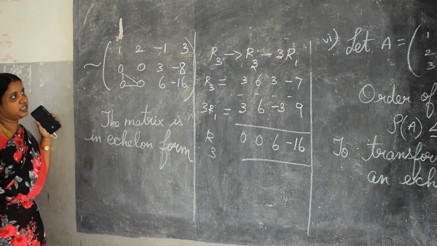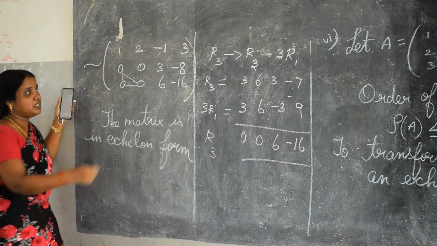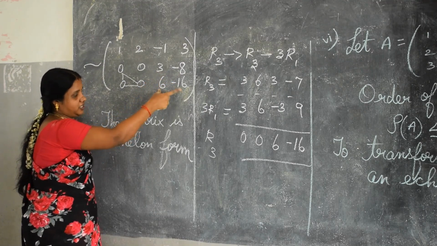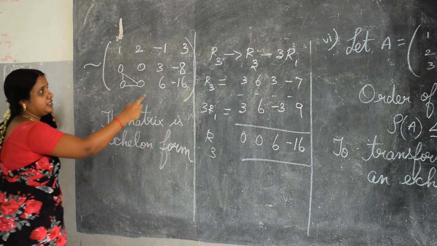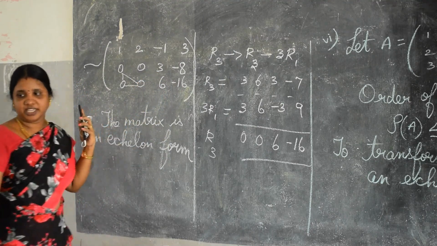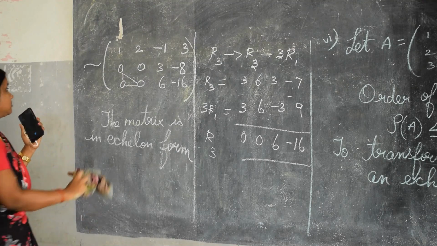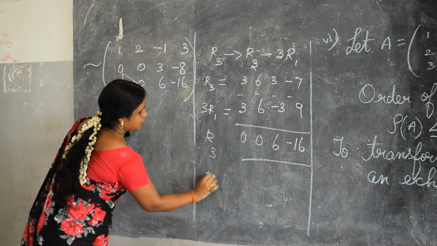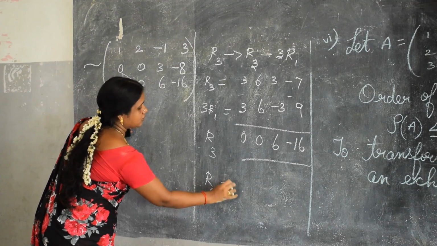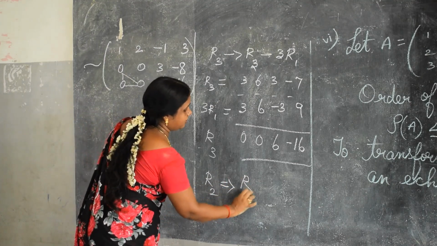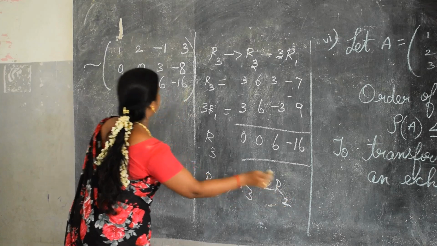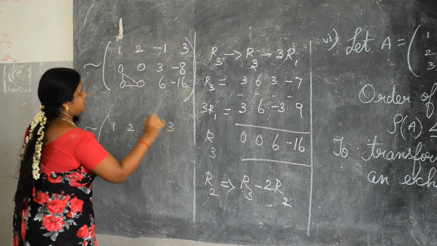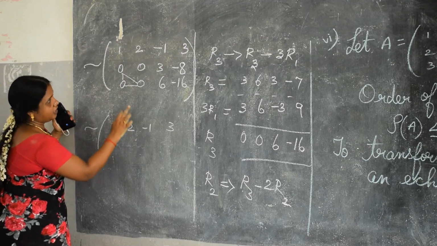See here, you can also multiply this with 2. Then you will eliminate this. So again I am going to multiply this R2 with 2. R3 I am going to write as R3 minus 2R2. So this is equal to, first row you should not change, 0, again you multiply this with 2, 0, 0, 3 2s are 6.